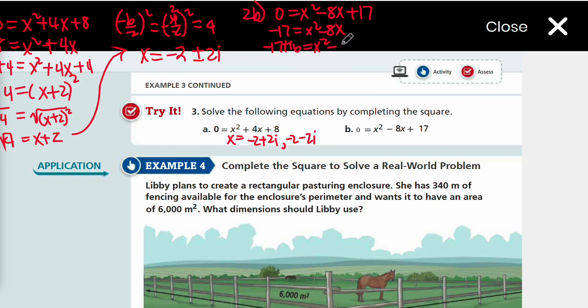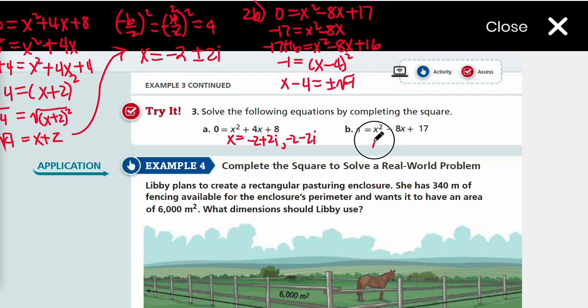x squared minus 8x plus 16. And then that's going to be negative 1. And that's just going to be x minus 4 squared. And so x minus 4 is going to be plus or minus square root of negative 1.